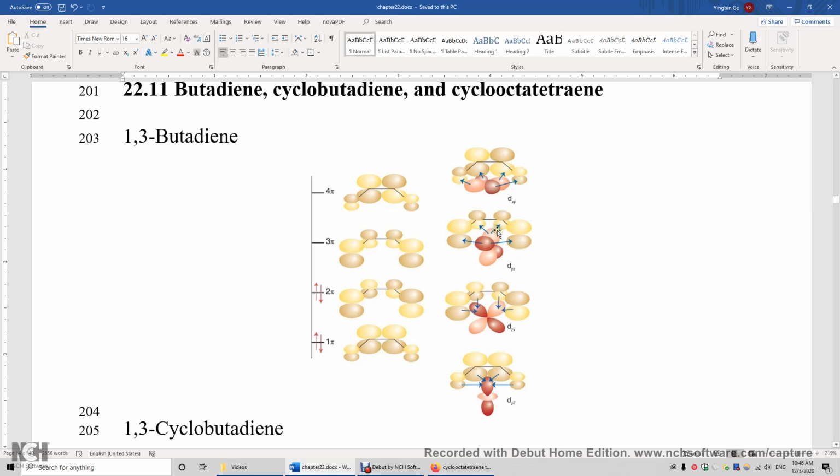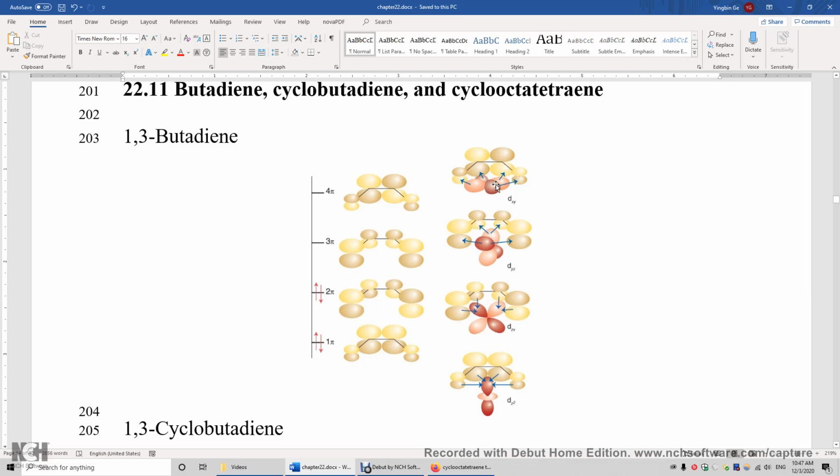And of course between this pink and these 2 yellow, there's constructive interference. And between this red and these 2 brown, there's constructive interference. And then the electrons from the dyz orbital can be delocalized into the empty pi 3 orbital. That reduces the electron-electron repulsion and thus is favored.